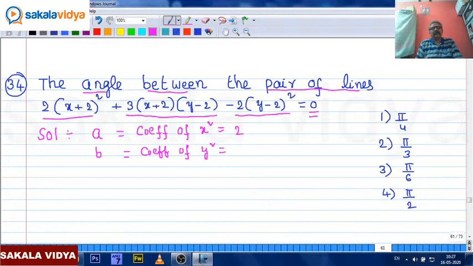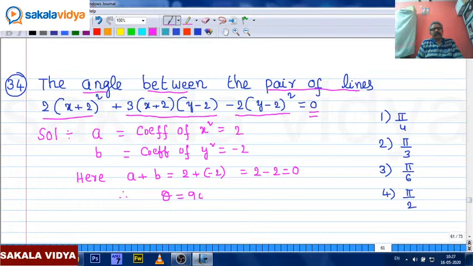Here y square is multiplied by minus 2, so we get minus 2. Here a plus b, what is a plus b? 2 plus of minus 2, that will be 2 minus 2, 0. Therefore, they represent perpendicular lines. Theta is equal to 90 degrees or pi by 2. Fourth option is the right option.